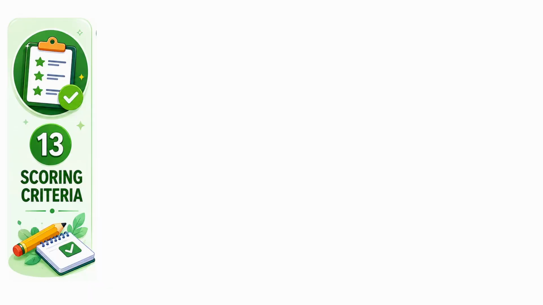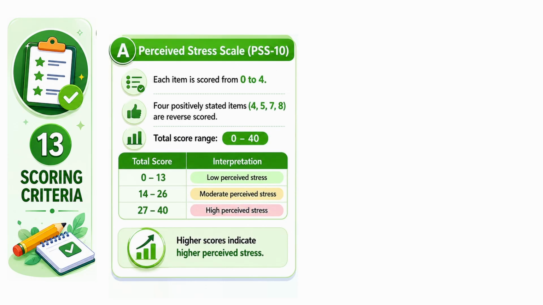Scoring criteria: how the data will be scored. Perceived Stress Scale: each item will be scored 0 to 4. The total score range will be 0 to 40.